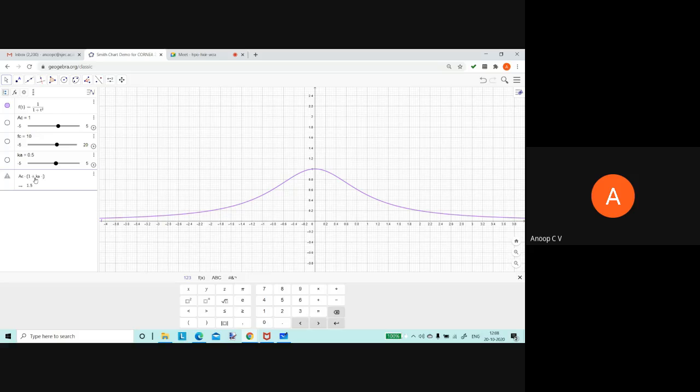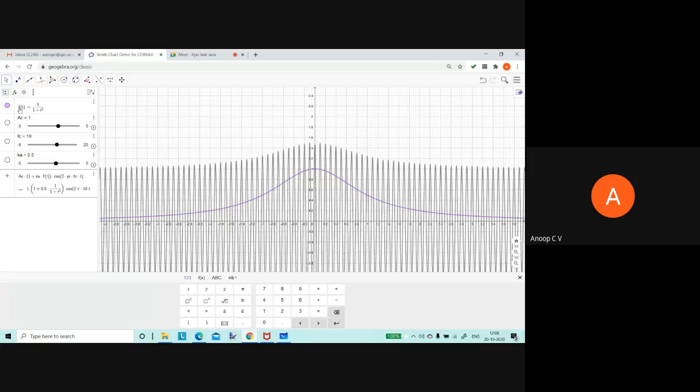Instead of m of t, we have here f of t. So I'll write f of t into cos 2 pi fc times t. So this is our modulated signal.